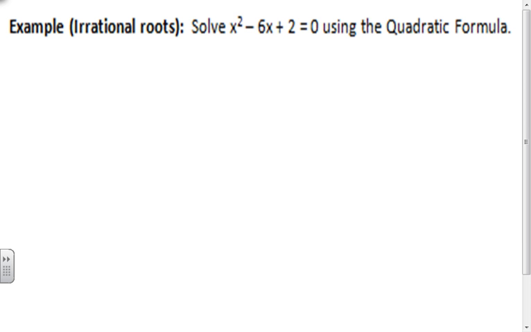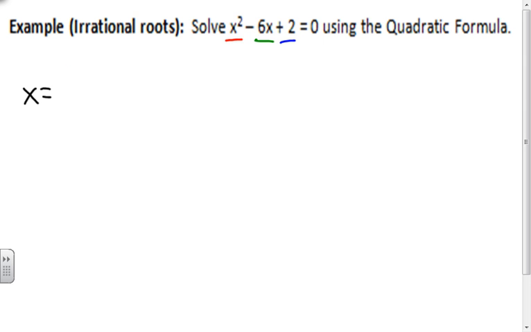Sometimes we might have irrational solutions or irrational roots. Now again, this one is already given to us as ax squared plus bx plus c equals 0. So we can go right into solving by the quadratic formula.